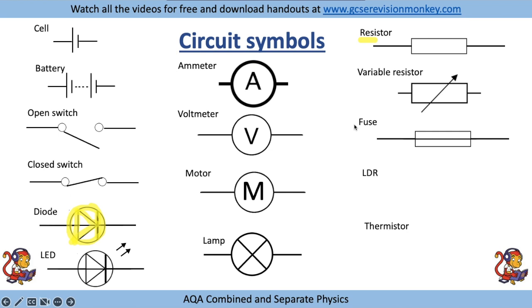An LDR is a light dependent resistor. So again, think resistor, it must start with a rectangle, and these arrows show the light going in. So it's dependent on light, as opposed to the diode, which is emitting light. And then finally, the thermistor, like so.